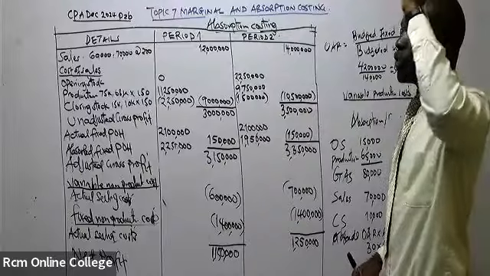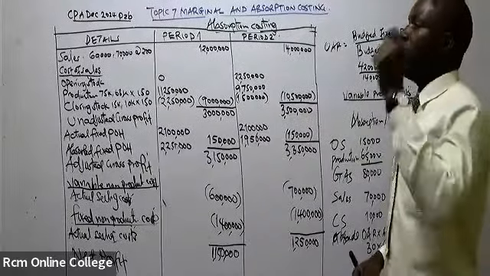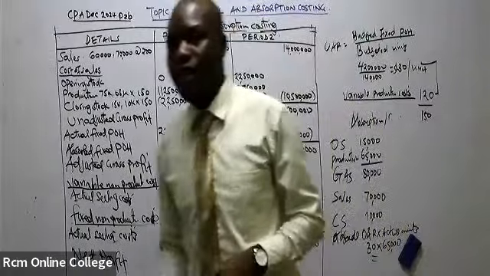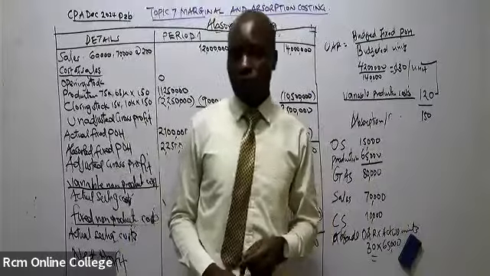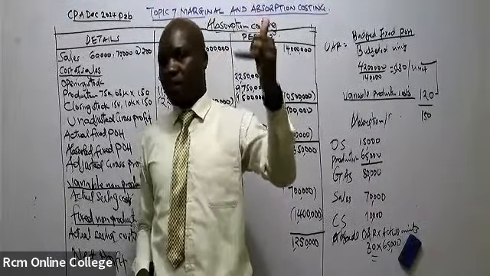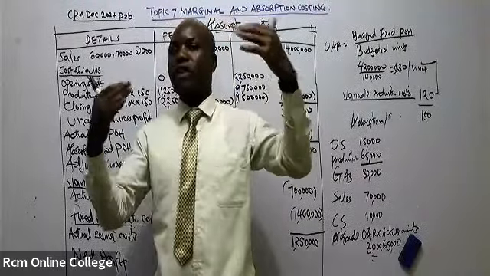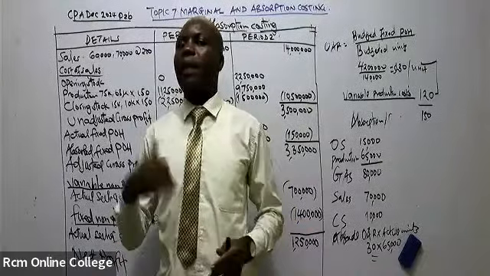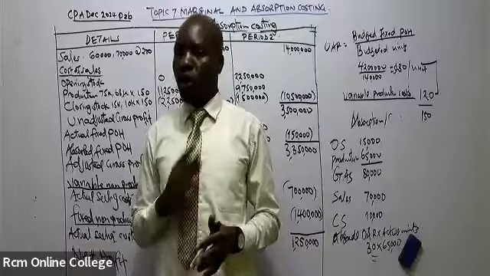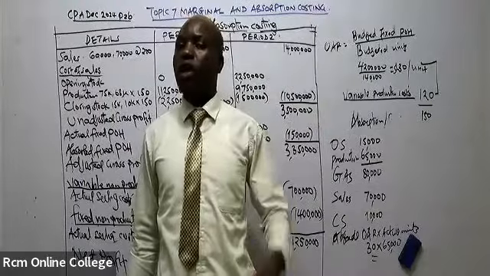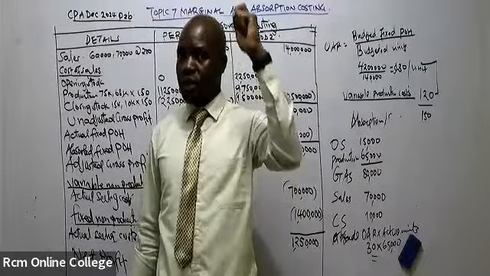The answer to that question, why, will be answered by coming up with what we call a reconciliation statement. This reconciliation statement will have two sides. You can start from the marginal costing net profit and tell us about the understatement, or you can start from the absorption costing and talk about the overstatement.